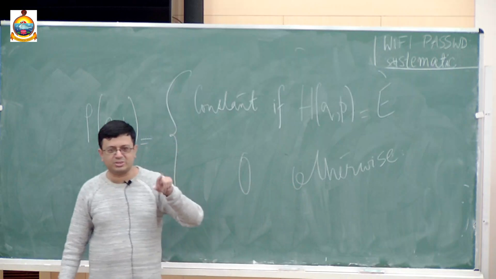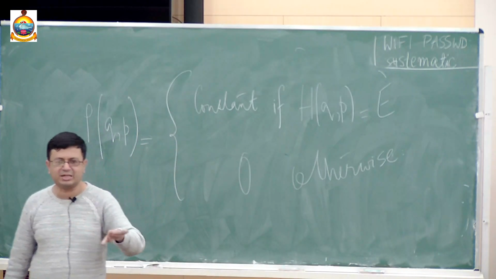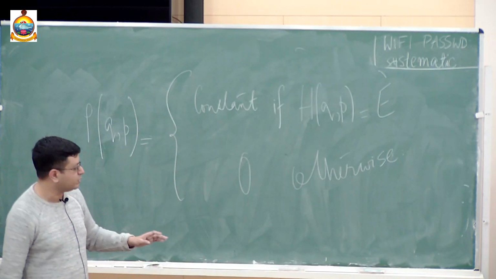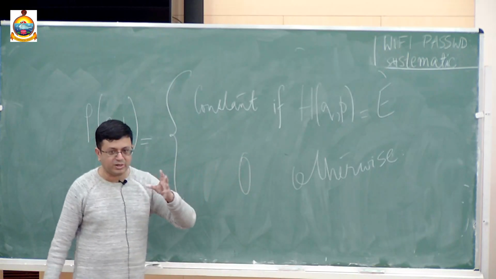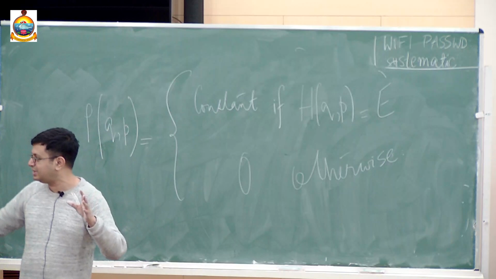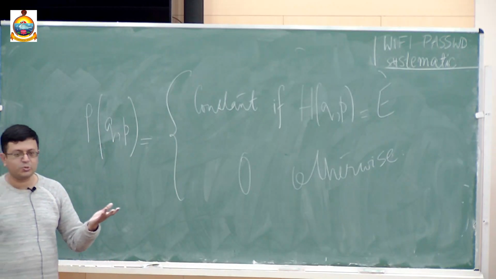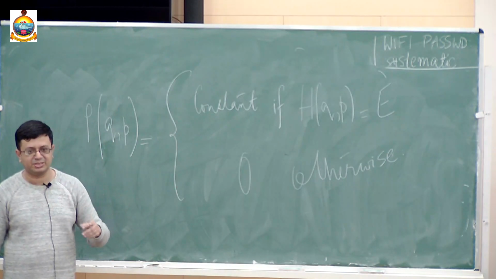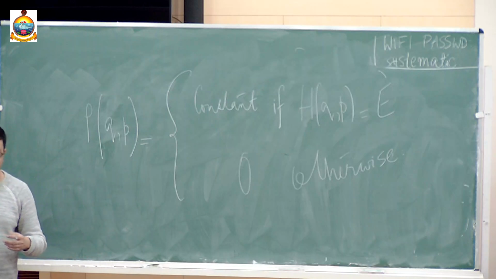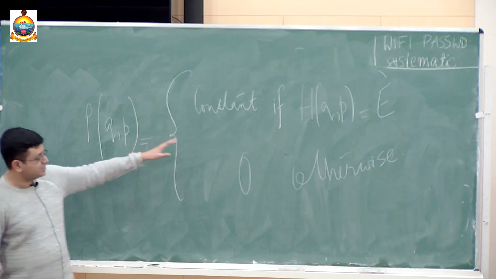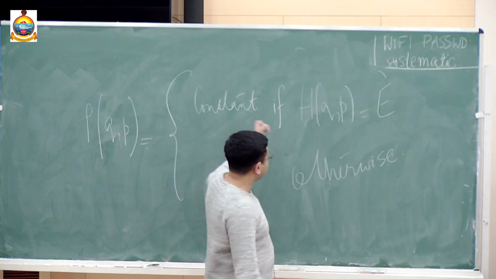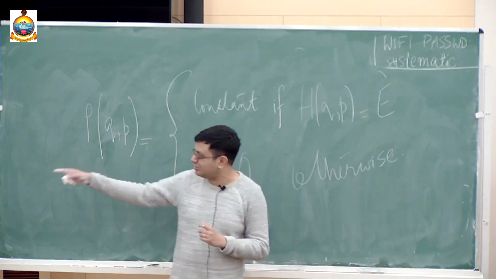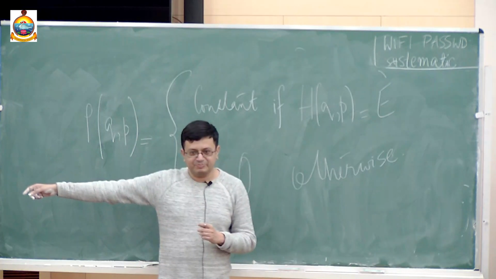Then that's that. And it is 0 otherwise, this is a trivial statement. It just means that you are not supposed to take care of those microstates which are inconsistent with the given macrostate. It is constant, but you cannot take into account those microstates that have, let's say, 5n particles, or whose total energy is, let's say, 6 times E. So it is constant in that sense, and you at once see that this makes the function actually a function of the energy.